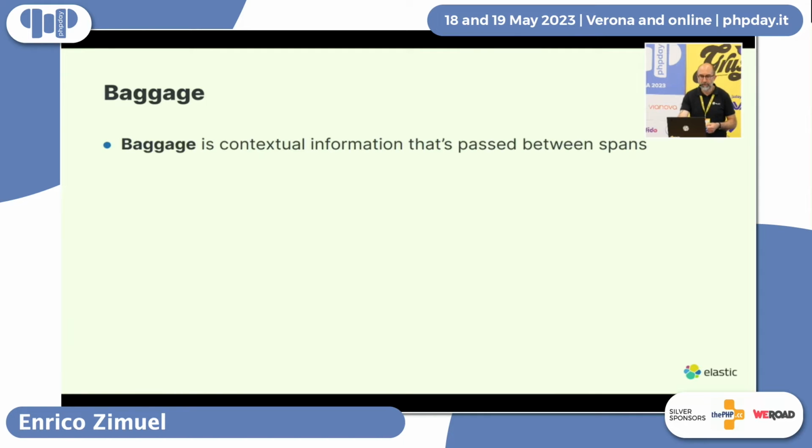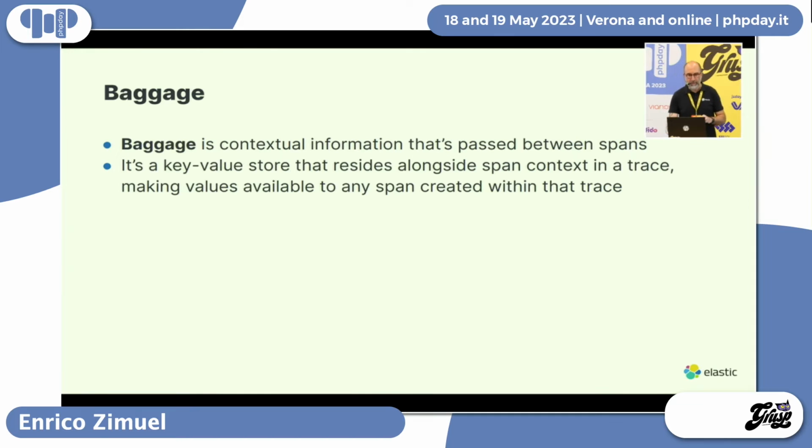Okay, there is a particular aspect of OpenTelemetry, very interesting, that is named baggage. What is it? It's basically a key value store that you can use to pass information across services. Because imagine that you want to propagate some information related to, I don't know, the customer ID of an HTTP call across multiple services, right?